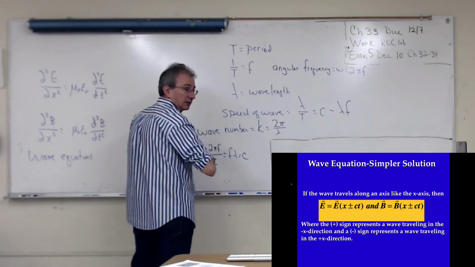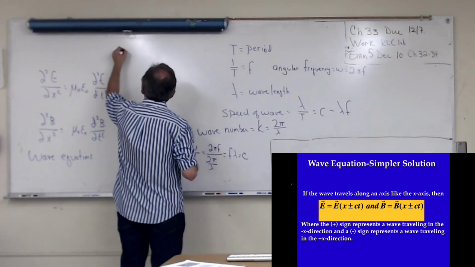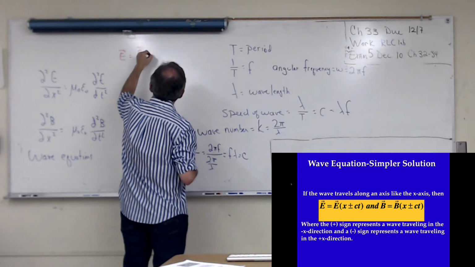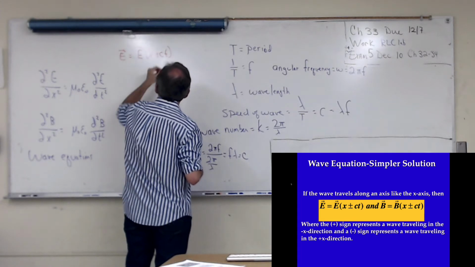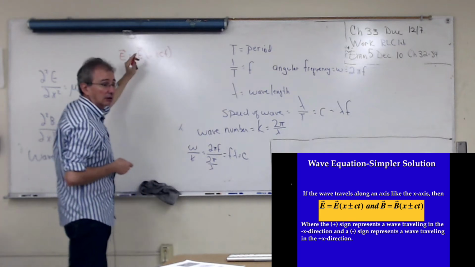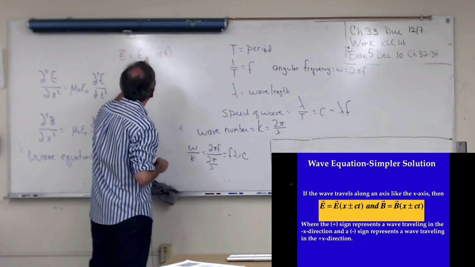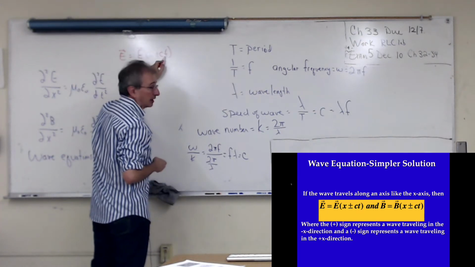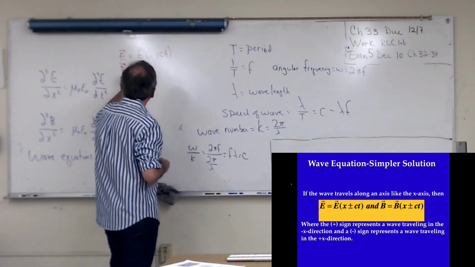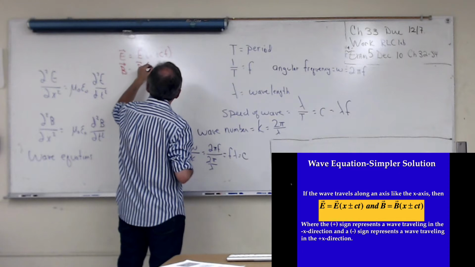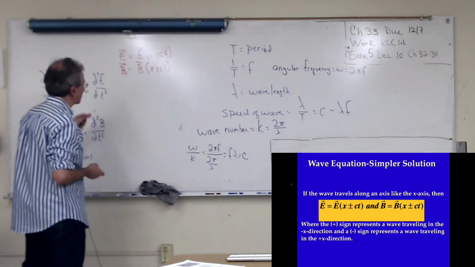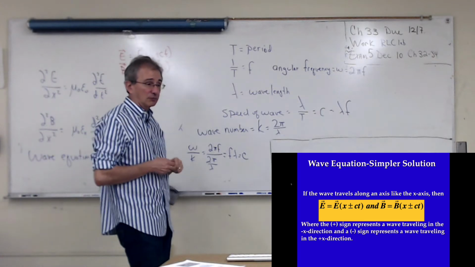The electric field, I'm going to put the vector here. So the electric field is some function of x plus or minus ct. If you plug these into this equation, you'll see that they actually form a solution.